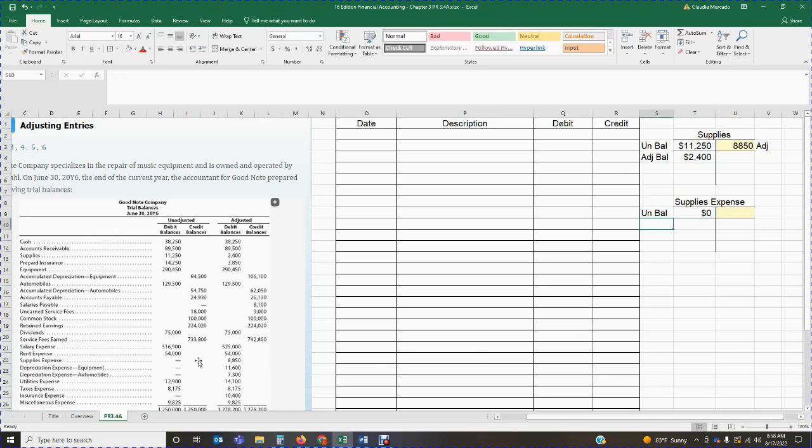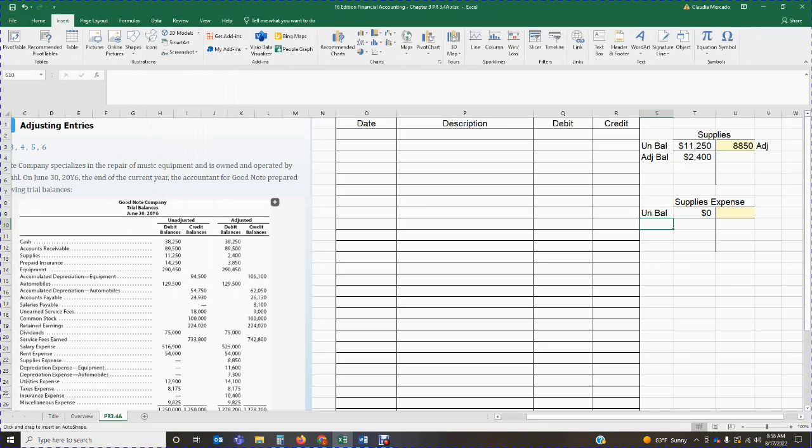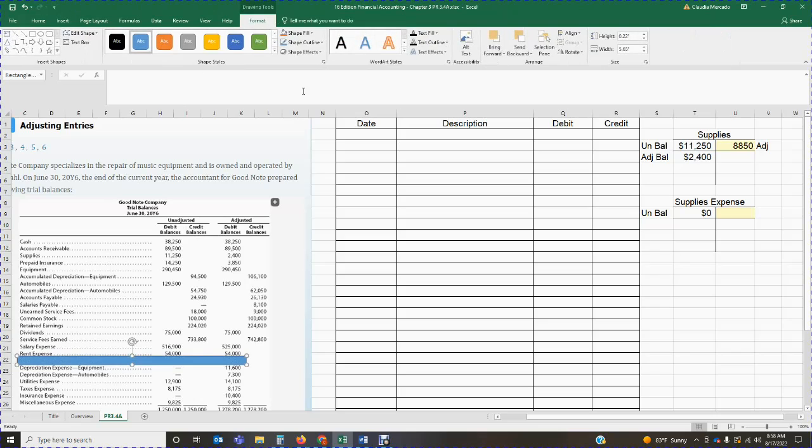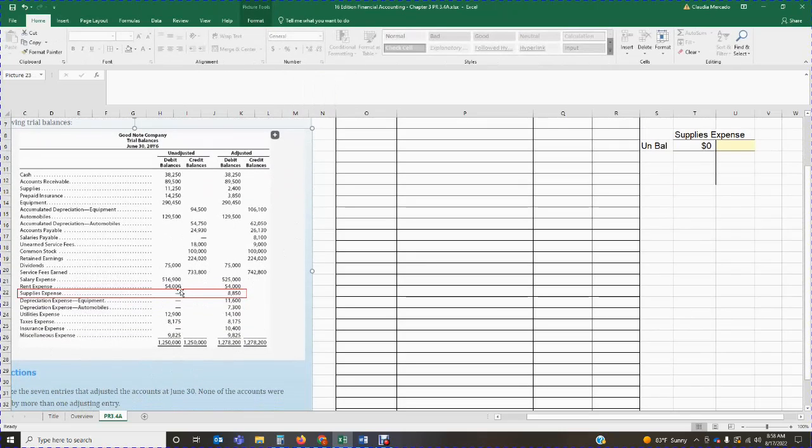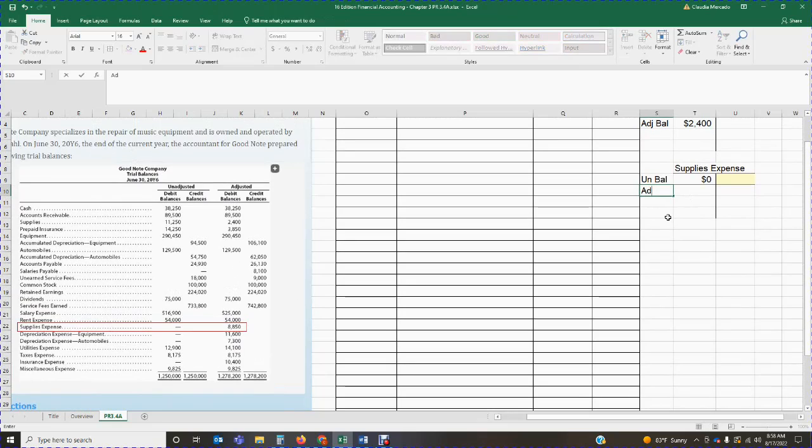Let's focus only on supplies expense for now. That way we can see it. Supplies expense right here. So supplies expense, we started off with 0, and now we have a debit balance of $88.50. So my adjusted balance is $88.50. Supplies expense is an expense account. The normal balance of all expense accounts are debits.